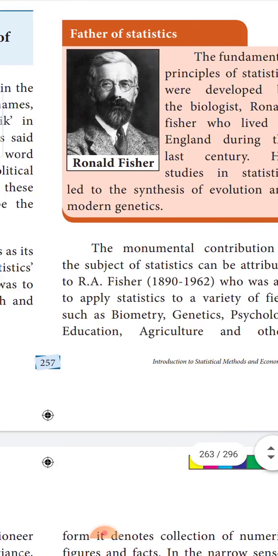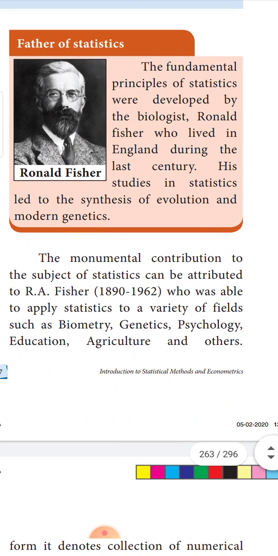And see, in last year's public exam paper, we had this question. I am showing you a picture, Ronald Fisher's picture. It is not a book question. The important 30th question, the compulsory question, was this question. The fundamental principles of statistics were basically developed by a biologist.